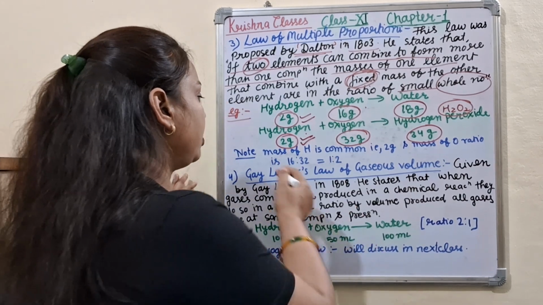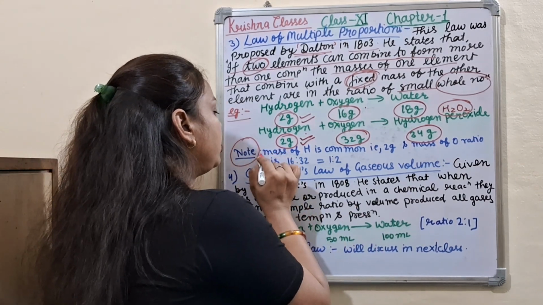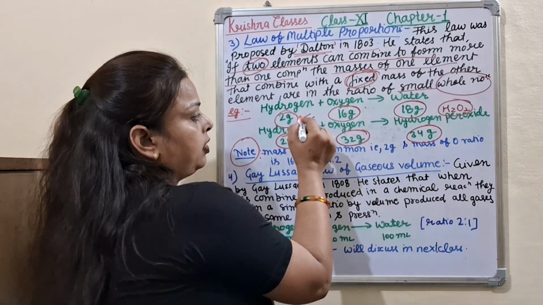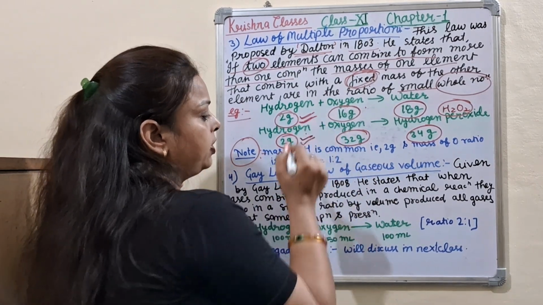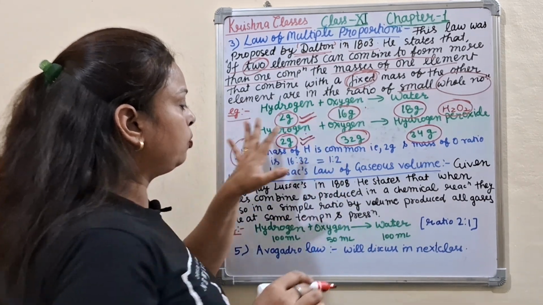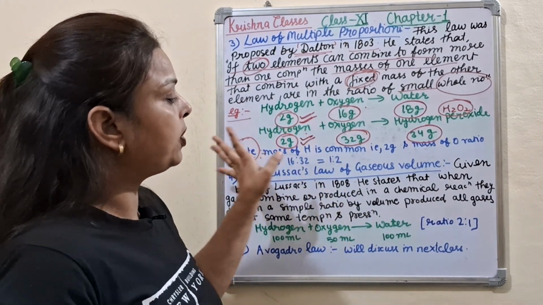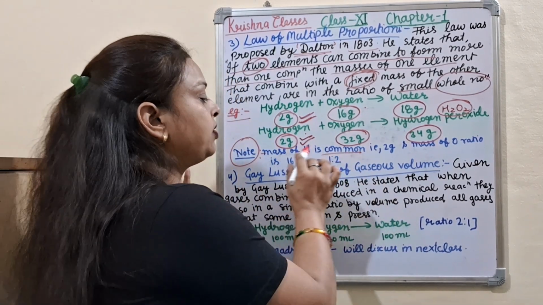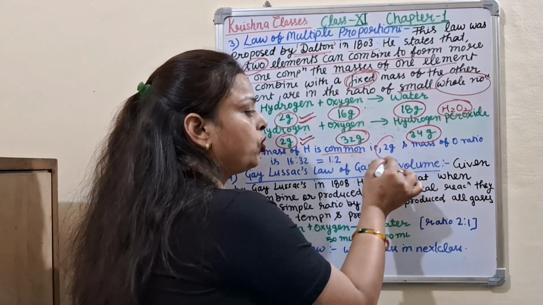So what did we note here? We noted that the mass of hydrogen is common in both cases, i.e. 2 gram.